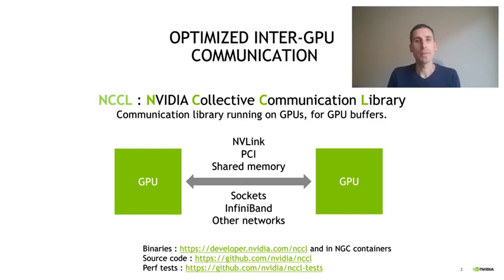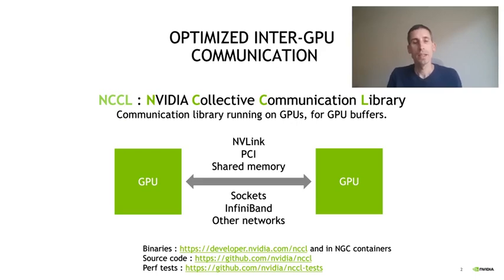Finally, if you are ever wondering how fast your platform is, and whenever you suspect that NCCL could be the limiting factor in the scaling of your training, you should definitely check out the NCCL performance tests, which are also available on GitHub. All the numbers that I will mention in this talk about performance come from those NCCL performance tests.